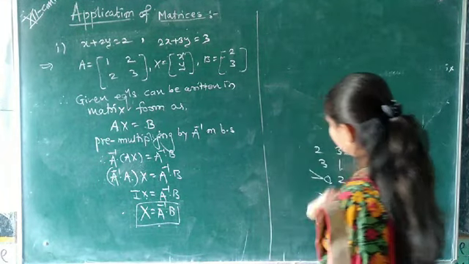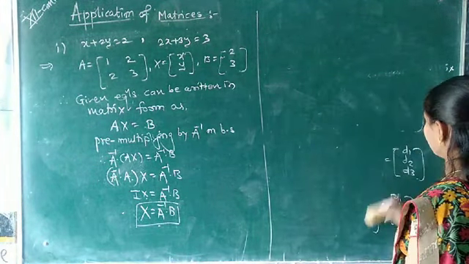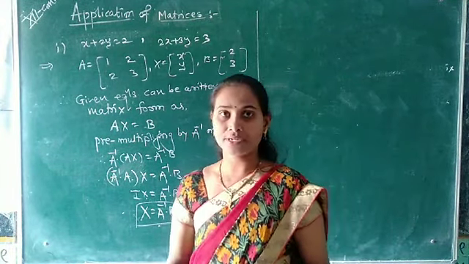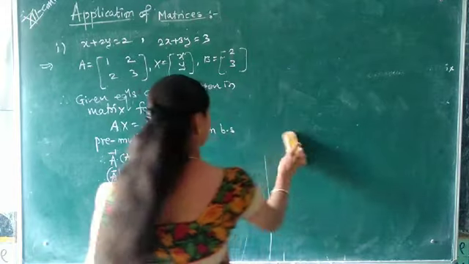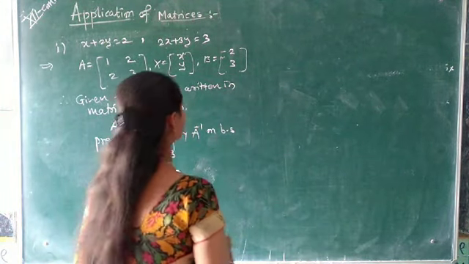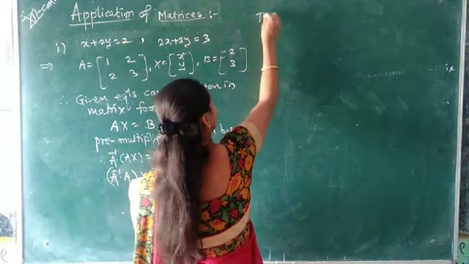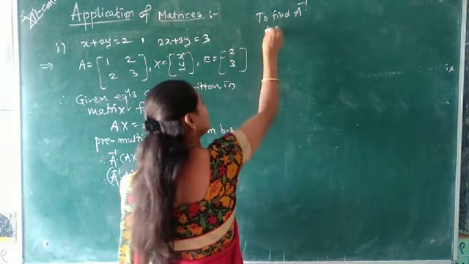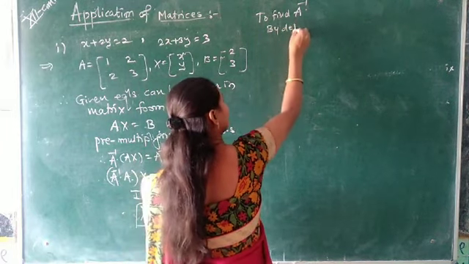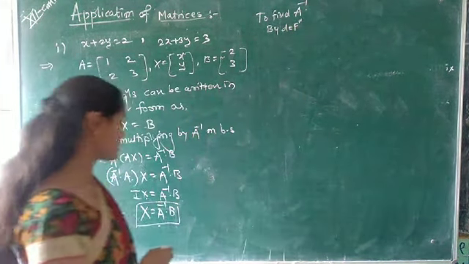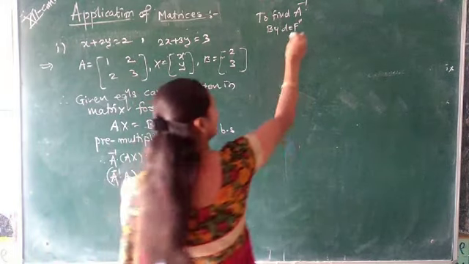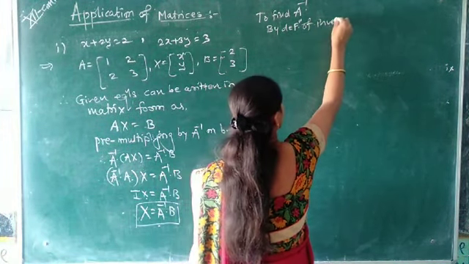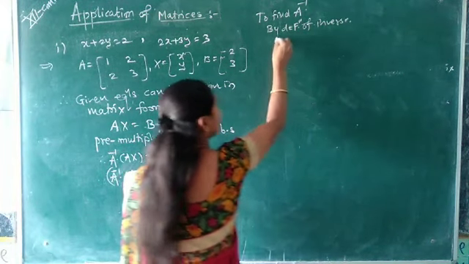We find the inverse by using any method we studied in the last lecture, that is the transformation method or the adjoint method. Here I am finding the inverse by using row transformation. Whichever method seems easy to you, find the inverse using it, by using the definition of inverse.